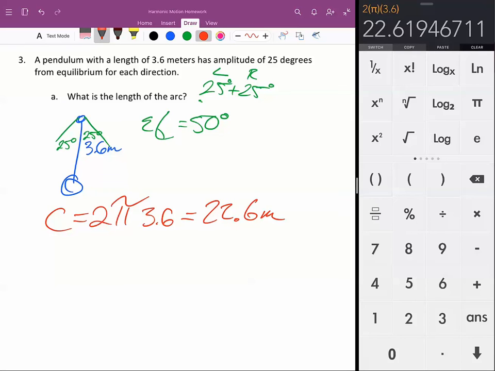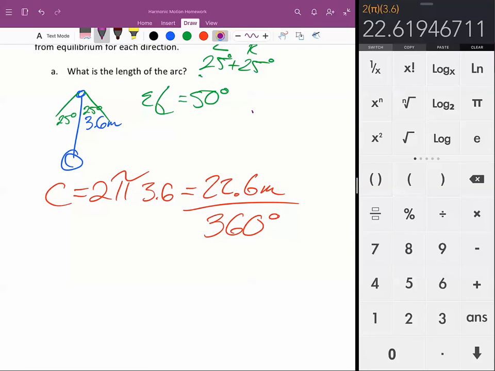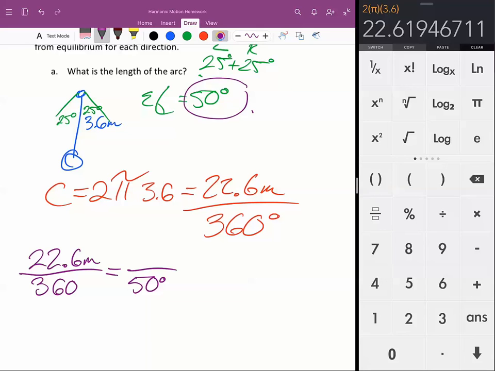Now we only require 50 degrees for the arc. So now we have a proportion of 22.6 meters for 360 degrees equal to x for 50 degrees. So this might be one of the only times where we cross multiply. In this case, 22.6 times 50, and then from here we divide by 360. And we have a total arc distance of 3.13 meters.